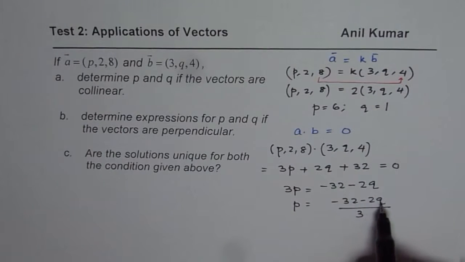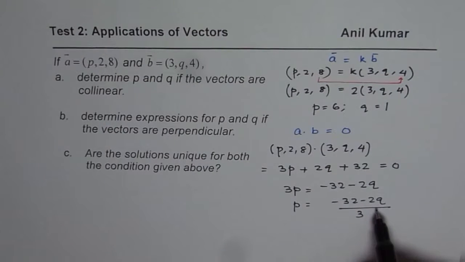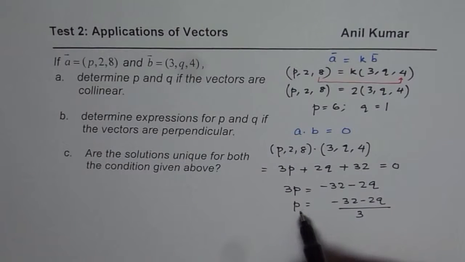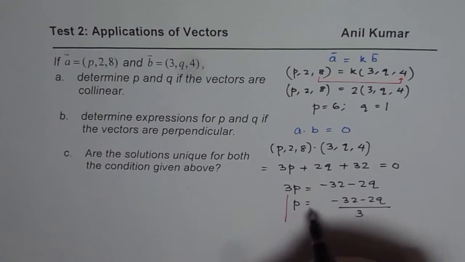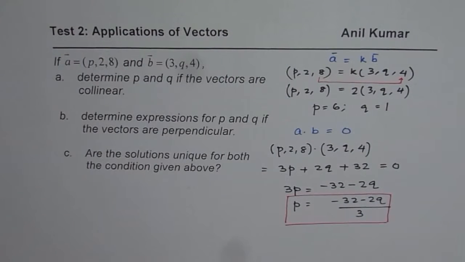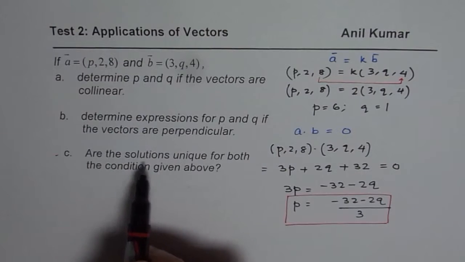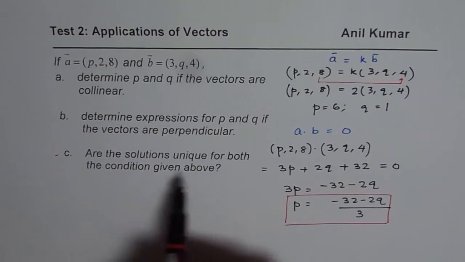For example, if I substitute Q as 1, in that case it will be 32 plus 2, which is 34, divided by 3 will give us the value of P. So for different values of Q, we can find different values of P. However, this is the expression which can help you find all possible solutions. Now let's look into part C. Part C is, are the solutions unique for both the conditions?